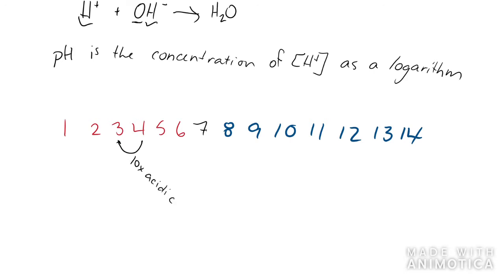Which means if we go from 4 to 2, this is 100 times more acidic. But the opposite is true for base. If we go from 10 to 11, this is 10 times more basic. And if we go from 10 to 12, this is 100 times more basic.